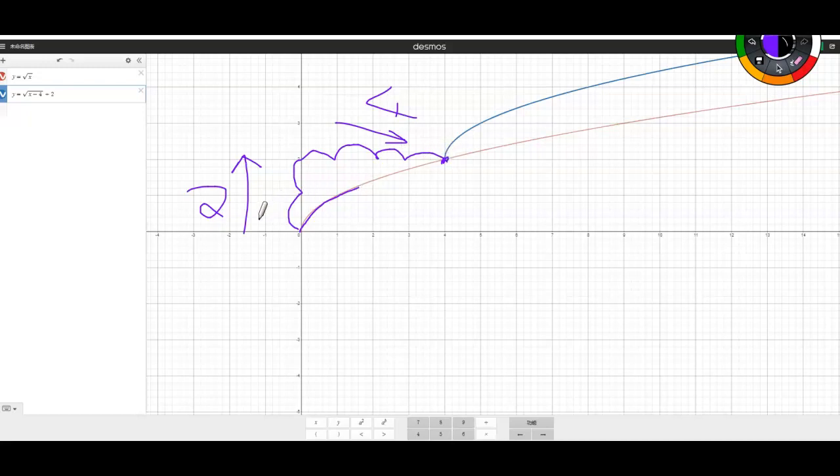So the transformation here is go up twice and then go to the right, okay? 4 units. Okay? Minus a number inside means go to the right, plus a number outside means go up. Okay?